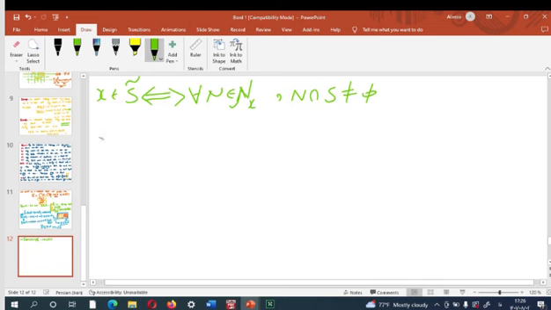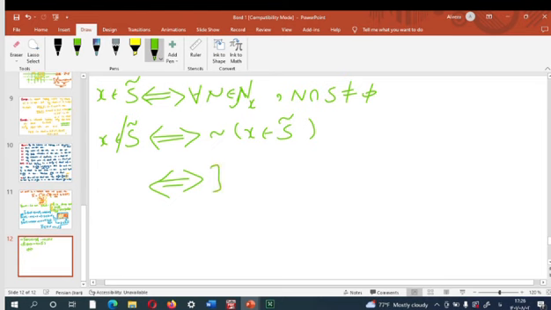So if x does not belong to S tilde, then, equivalently, by the negation of this property, there exists one element N of N_x such that this intersection is the empty set.